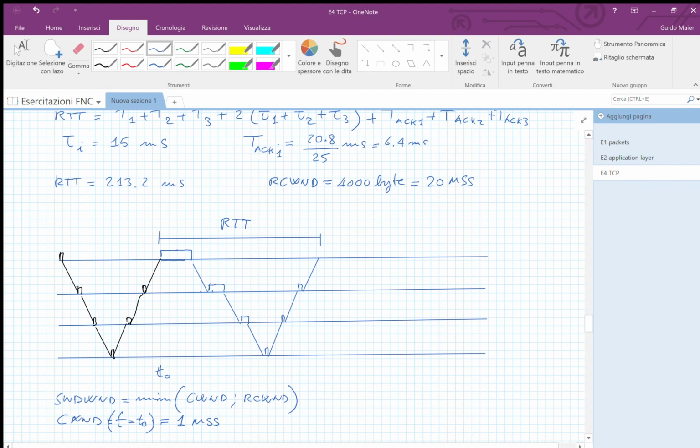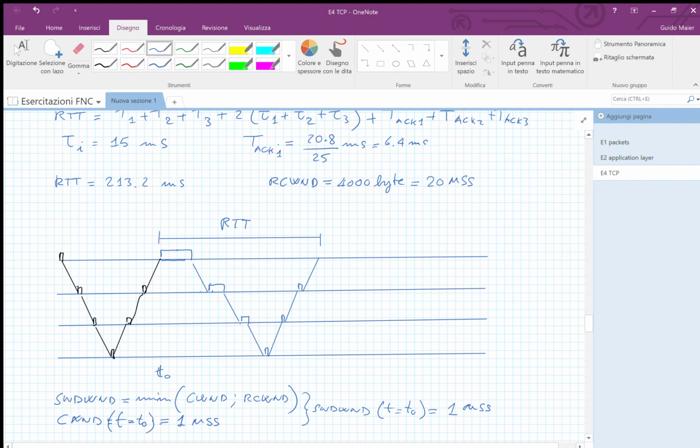Okay, it's always normalized in terms of the number of MSS. The receive window is 20 MSS, so clearly the congestion window is the smallest. So the send window at time t equal to t0 will be 1 MSS. This is why I can send just one segment. Okay.